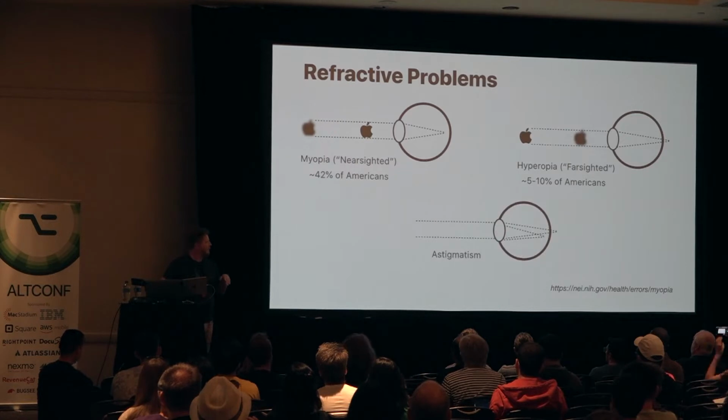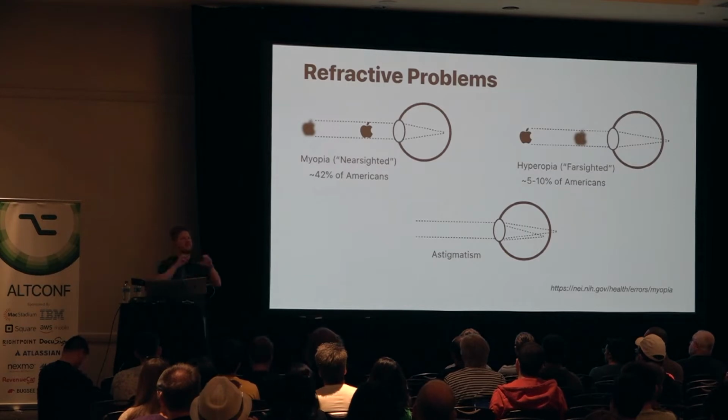And then there's astigmatism, which I've never really understood because nobody's really talked to me about it before, but it's basically a combination of focuses, where some parts of the image are focused behind the retina, some are focused in front, and it makes for a kind of swirly vision in certain ways that I'm not going to try and demonstrate with just a simple apple.